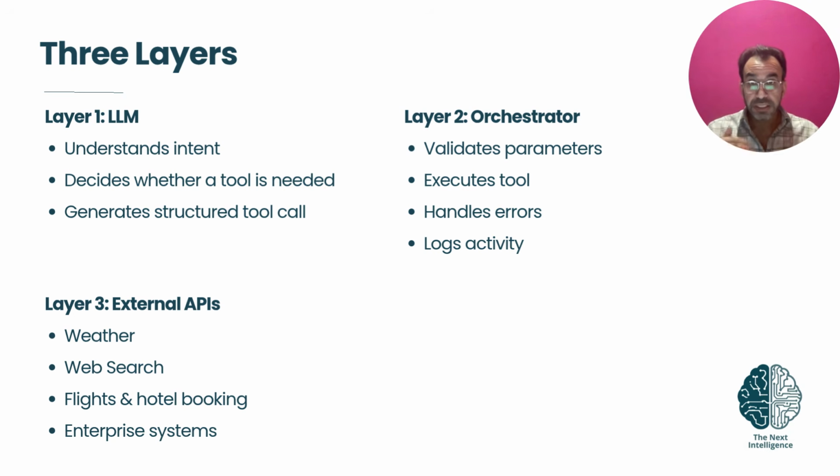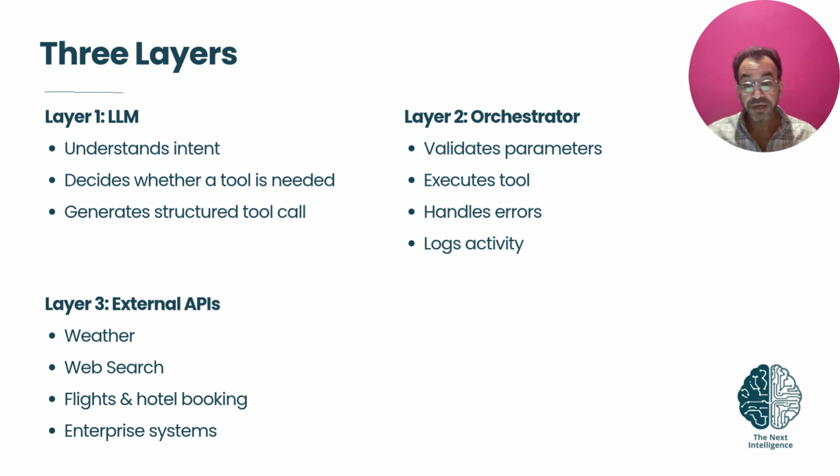The second layer is the orchestrator, which validates the arguments and parameters, executes the tool, and makes the actual execution there, the function or the API or whatever. Then it handles failures, logs activities, and so on and so forth. So mainly the orchestrator is the hands of the LLM, while the LLM is the brain thinking. We can think about the orchestrator as the hands.